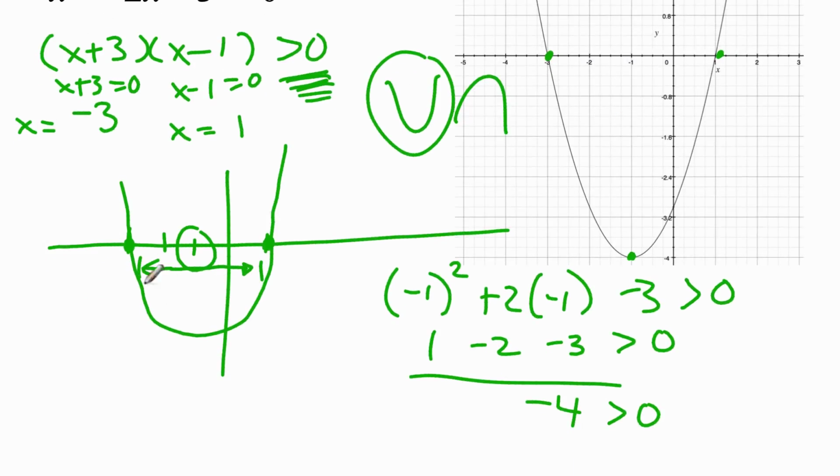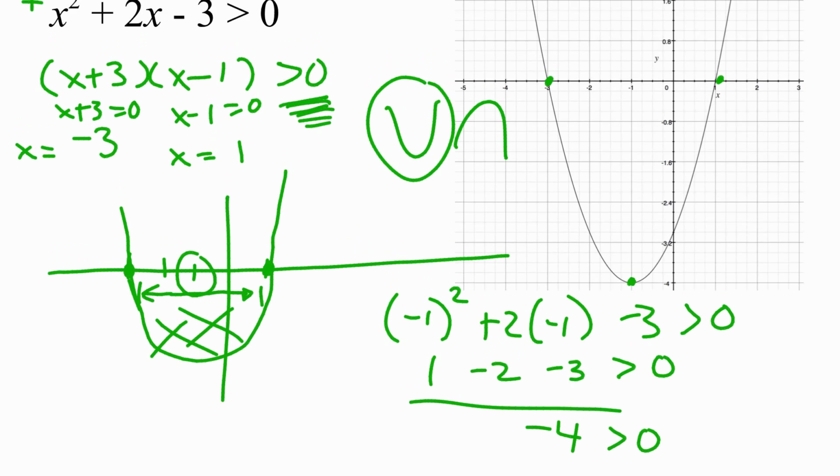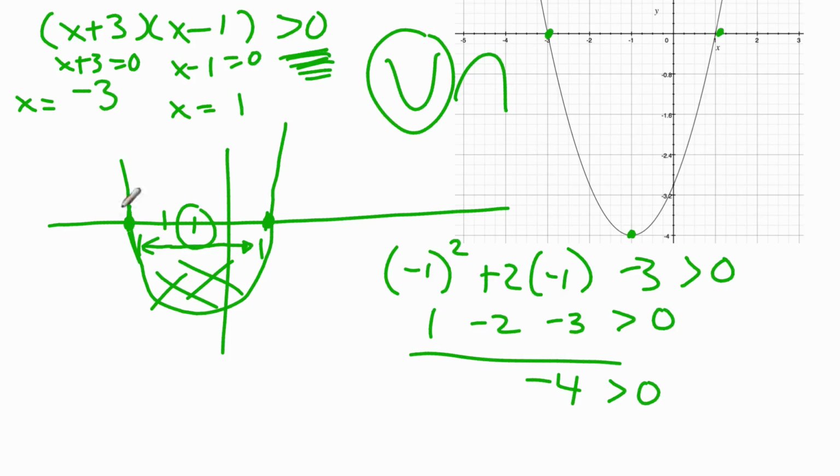Therefore, this piece in between, between -3 and positive 1, does not count as an answer to make things bigger than 0. So again, is it a greater than or less than? Oh, it's greater than. So anything from here this way and from here this way would be solutions to that question.